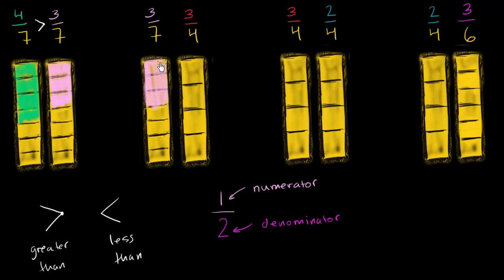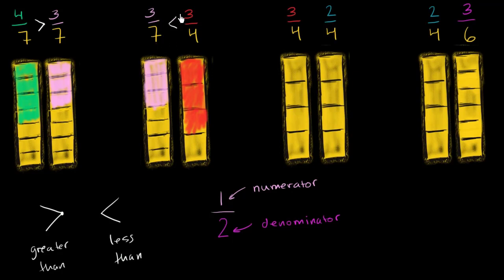I've colored in 3 of the 7 equal groups. And what would 3/4 be? Well, that's 1/4, 2/4, and 3/4. And so it's pretty clear that 3/4 represents a larger fraction of the whole, that 3/4 is larger, or that 3/7 is smaller. So we could write that 3/7 is less than 3/4.